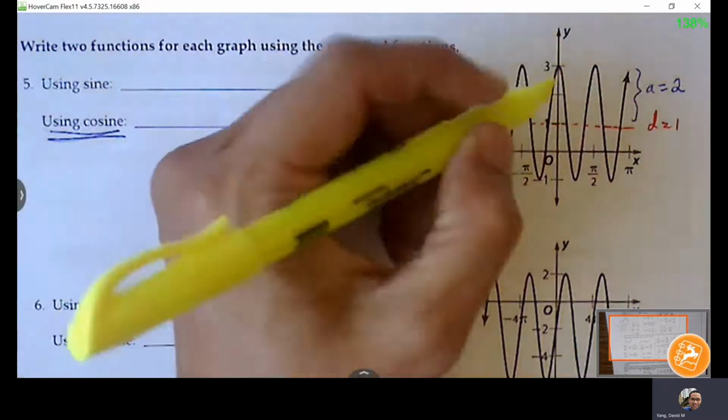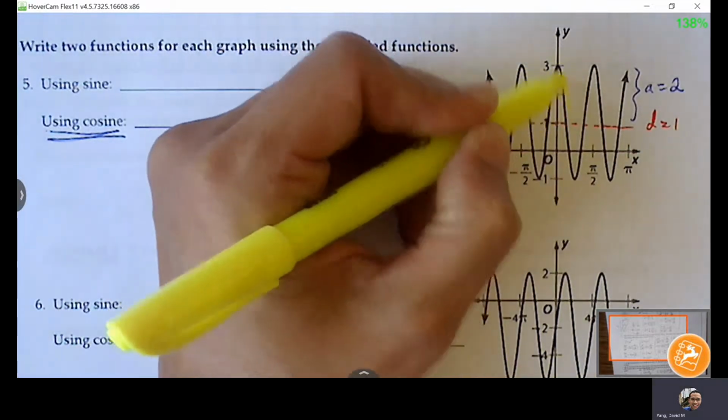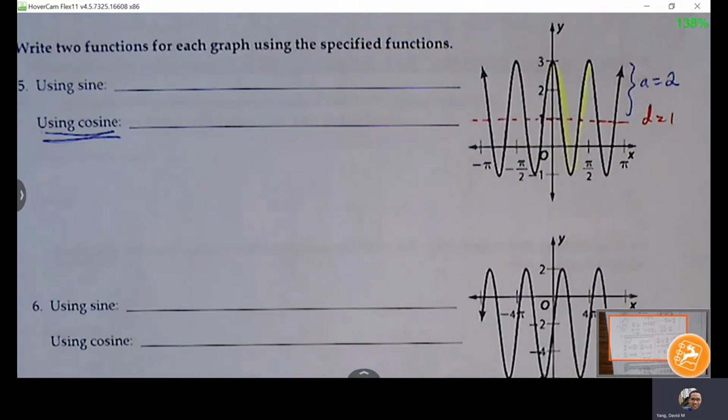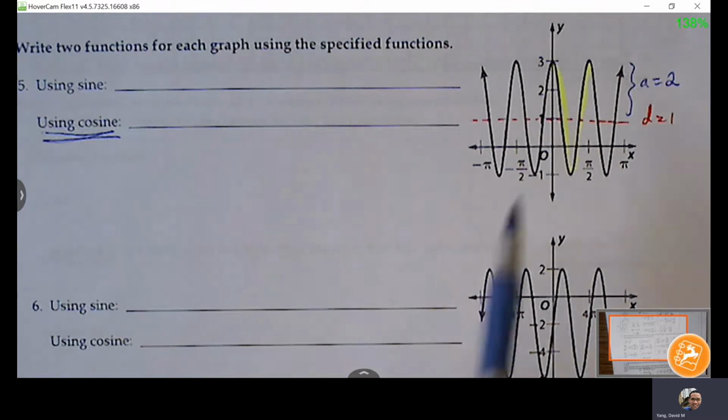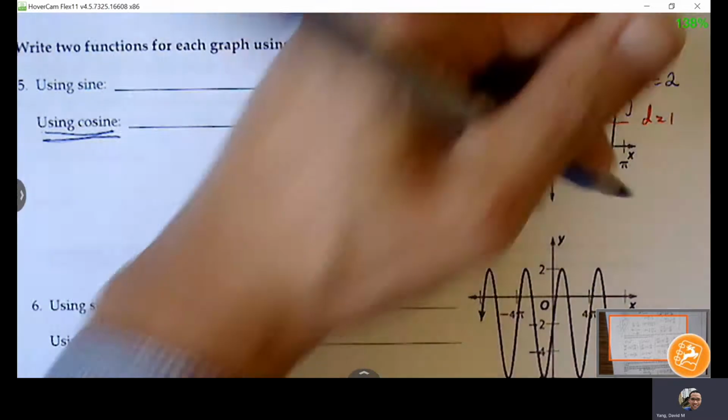Yeah, so if we look, cosine is peak to peak, right? So we start at 0 and if we go to pi, then that's too much, right? It would have completed 2 cycles by pi. So your period is only pi over 2.